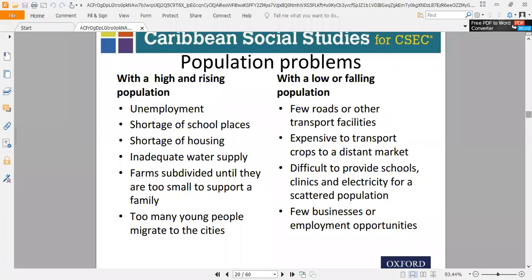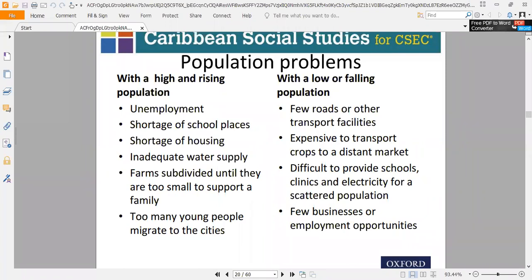So the population may be high and rising, or it could be low or falling, right? Or the population may be, as we would have said earlier on, based on the pyramid, stable, right?